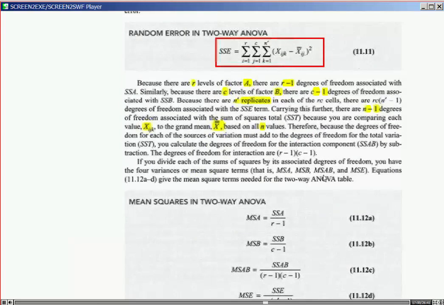Therefore, because the degrees of freedom for each of these sources of variation must add up to the degrees of freedom for total variation, SST, you calculate the degrees of freedom for the interaction component, SSAB, by subtracting. The degrees of freedom for interaction are R minus 1 times C minus 1. Makes sense.